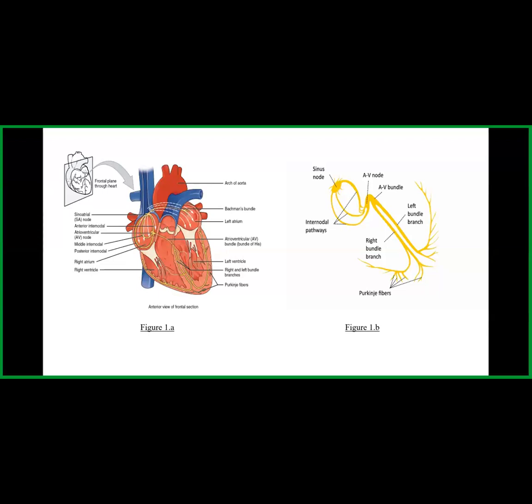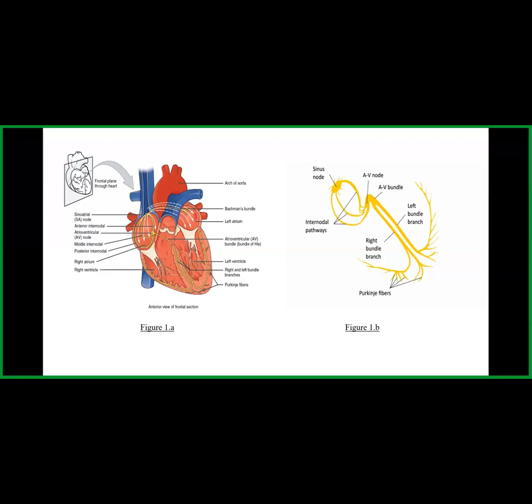After that, we have the bundle of His, which receives input from the AV node, and itself branches into the left and right bundle branches, which travel down the IV septum and terminate as Purkinje fibers, the last part of this conduction system.